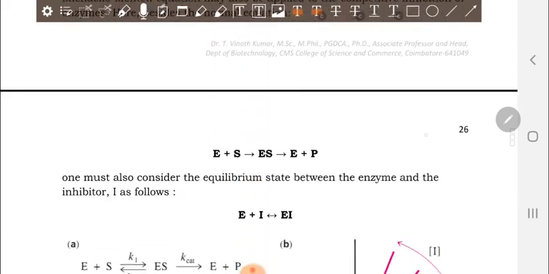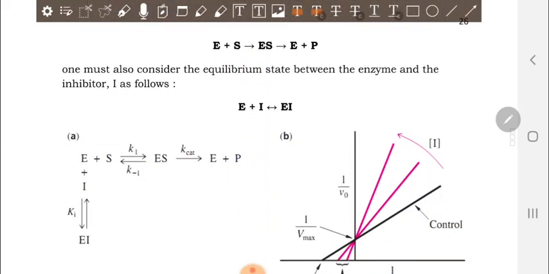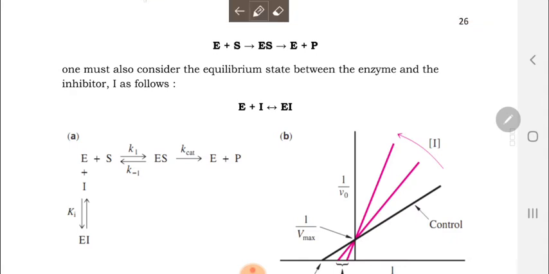Coming to the kinetics of competitive type. Here the enzyme and the substrate form the enzyme substrate complex, and further the enzyme substrate complex forms separate enzyme and product. This is the reaction.